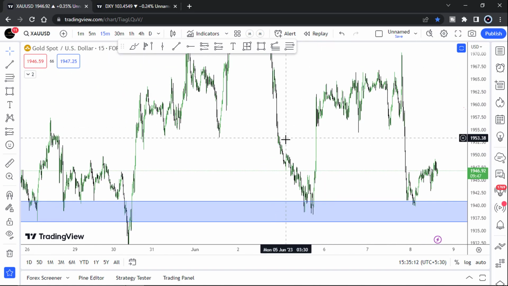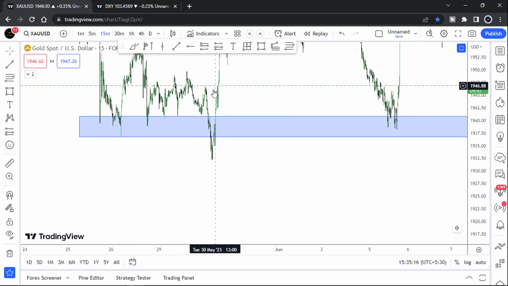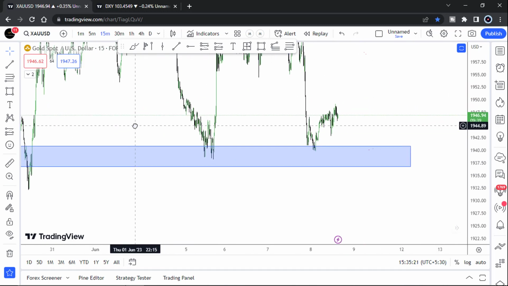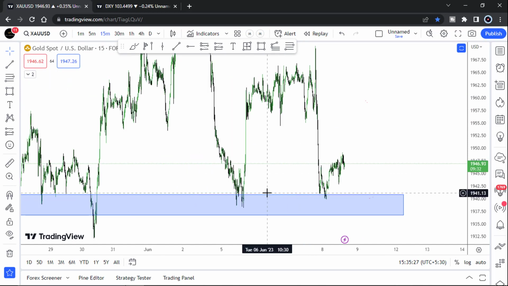That has happened a couple of times. It goes very strongly, tries to break through the lines, but comes back. Here it comes down very strongly, but just reverses above this reversing zone. So basically, we can see that this is the reverse area.